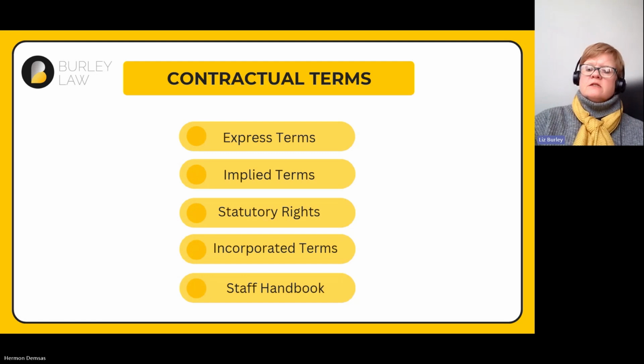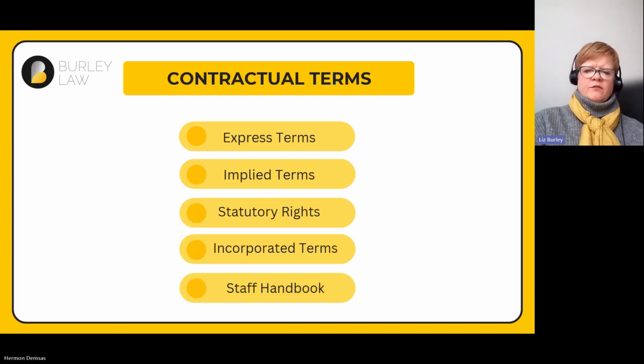The protection against unfair dismissal and the right to request flexible working. These are things that are saved for employees, and also the right to receive a statutory redundancy payment if their job is made redundant. So those are a suite of statutory rights for workers and employees.